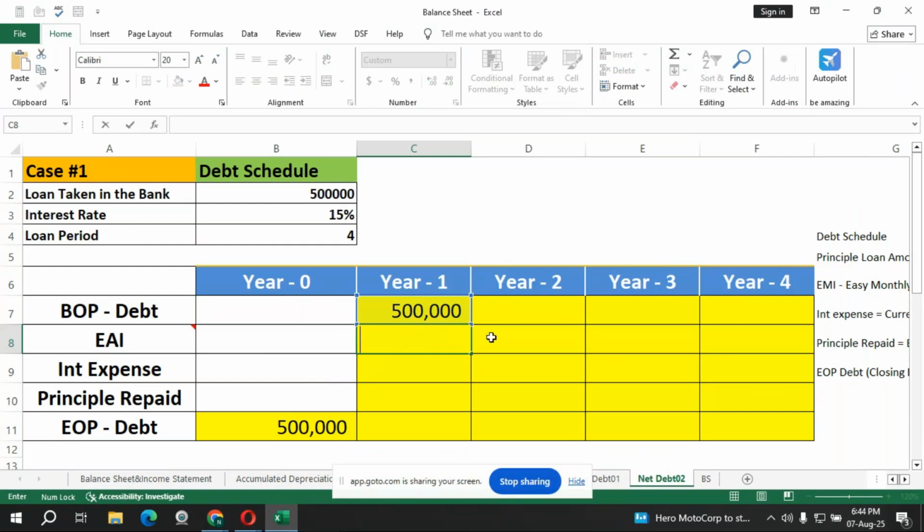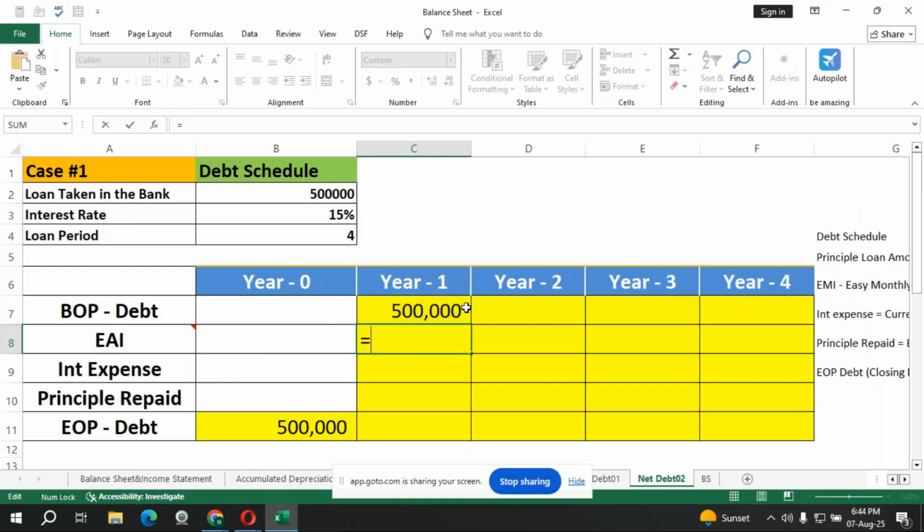Suppose if I have to calculate your EAI or EMI, how do I do it? One can just calculate and give me the answer. Yes. What answer will you get?